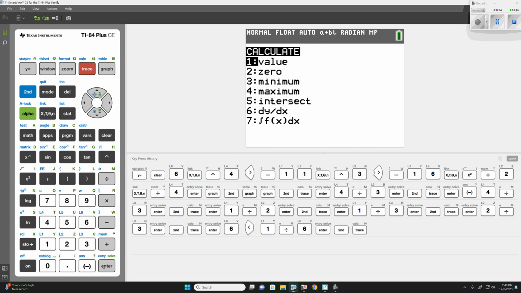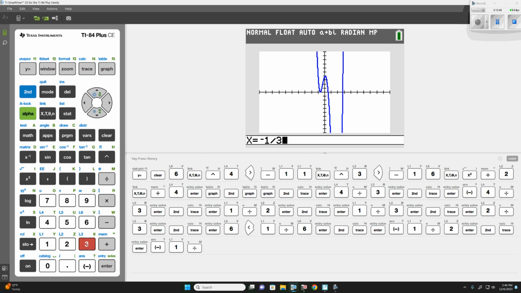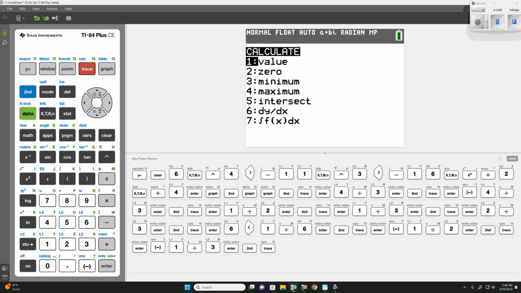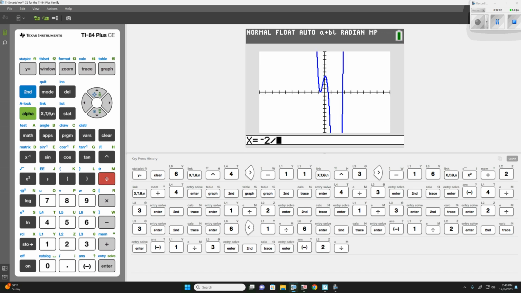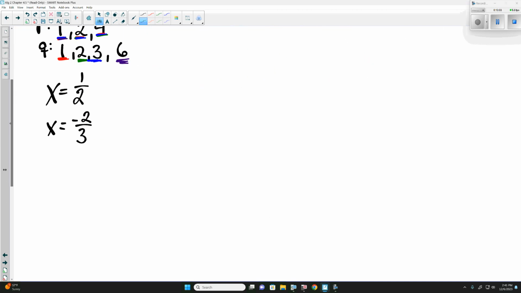Second trace, negative 1/2. No. Second trace value, negative 1/3. No. Second trace value, negative 2/3. And negative 1/6 won't work either.